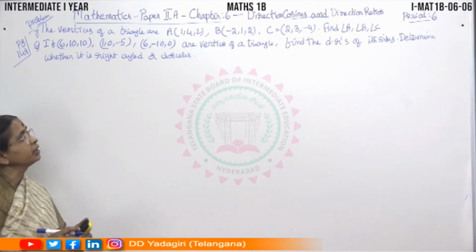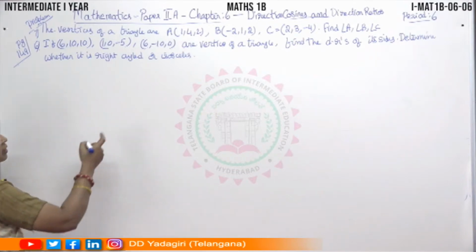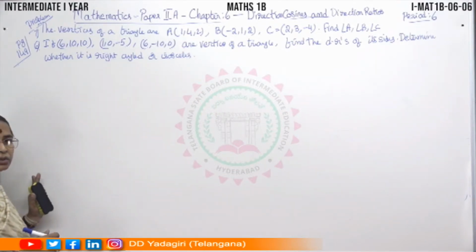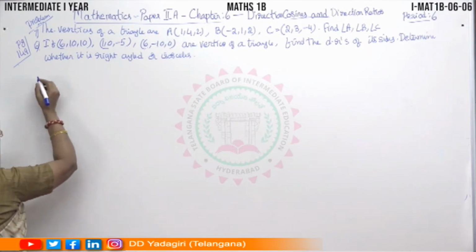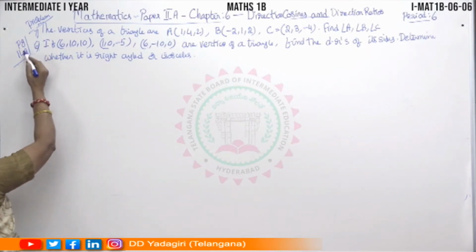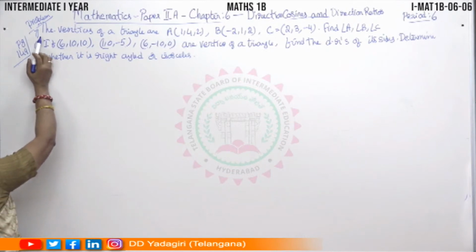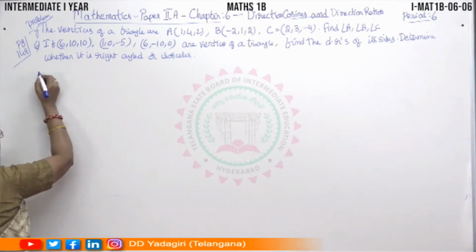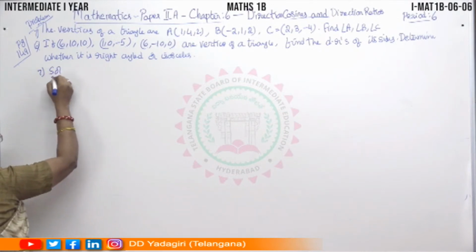So you can try the second problem and I'll do the first one. These are on page 149 in the textbook, third section, 6th and 7th problems. So I'll do the 7th problem solution.